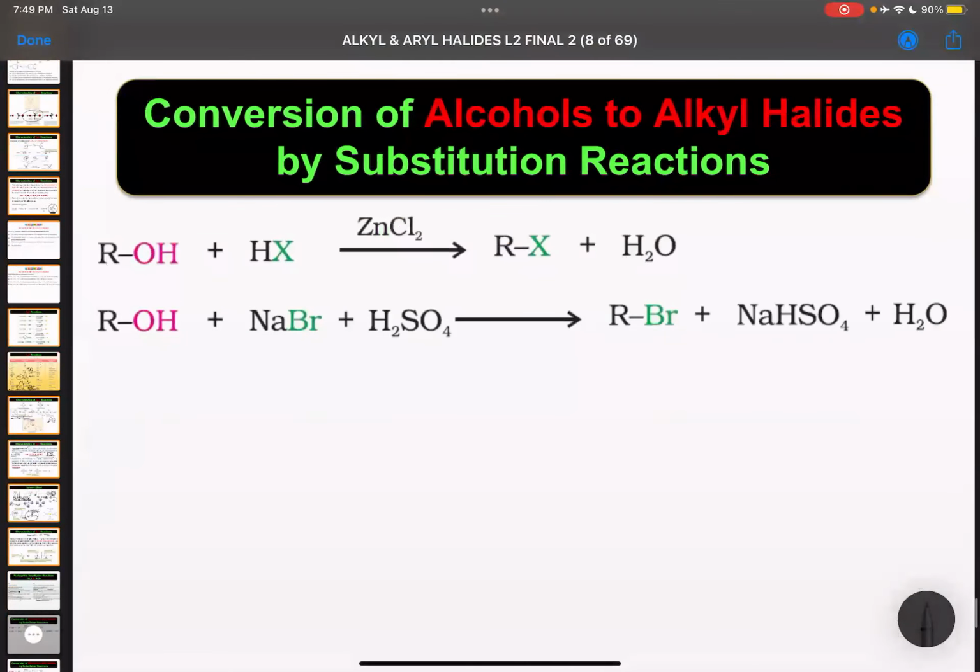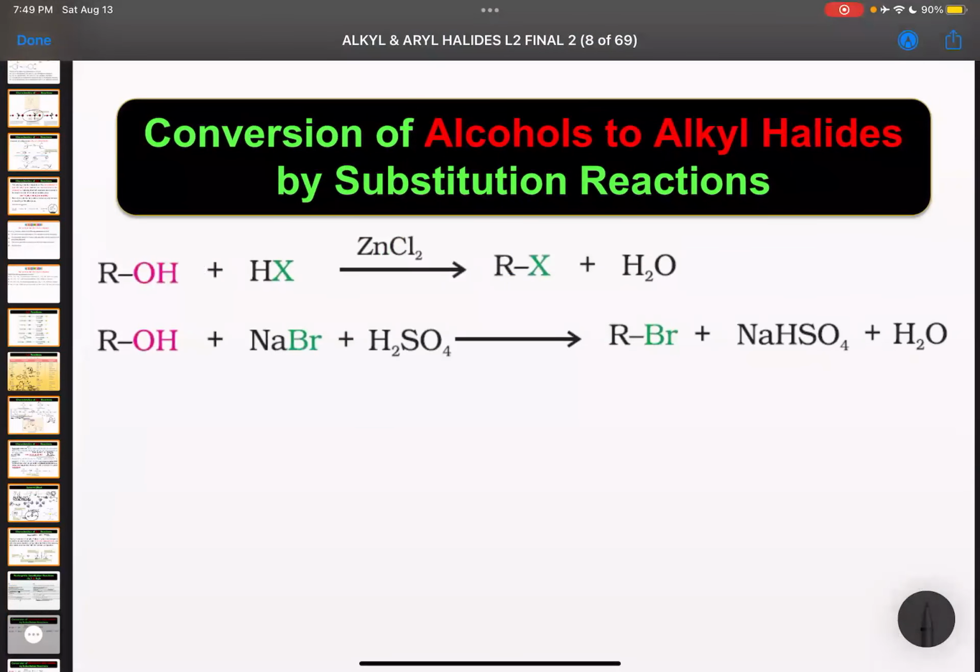Right. So let's discuss some of the reactions which are related to SN1 or SN2, and are also useful for the preparation of alkyl halides from alcohol. This reaction is there in two chapters.